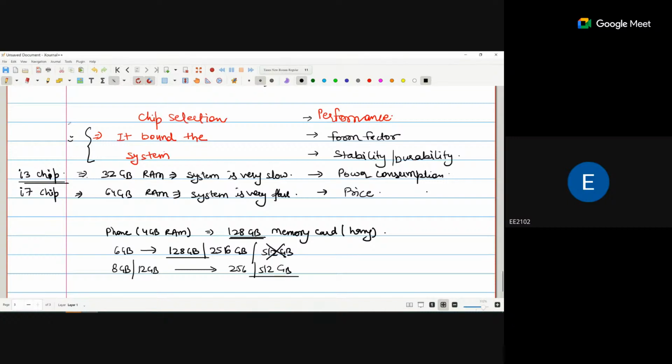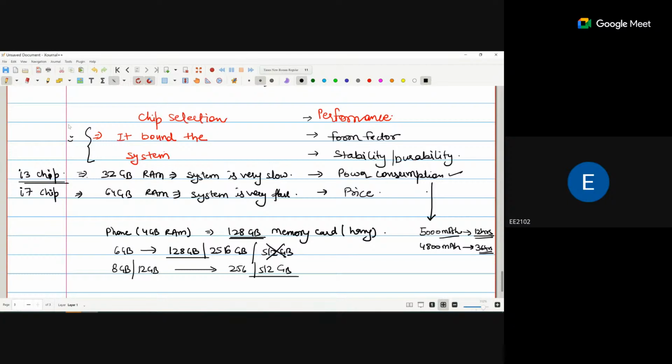What is the effect of power consumption? Like you have a 5000 mAh battery in your mobile phone that will last for 12 hours. Second, if you have a 4800 mAh battery that will last for 36 hours. Which system do you prefer?